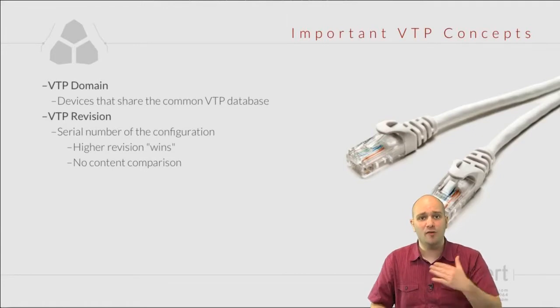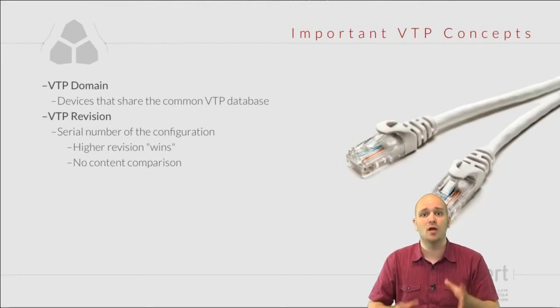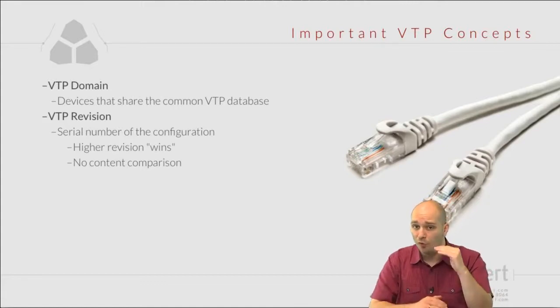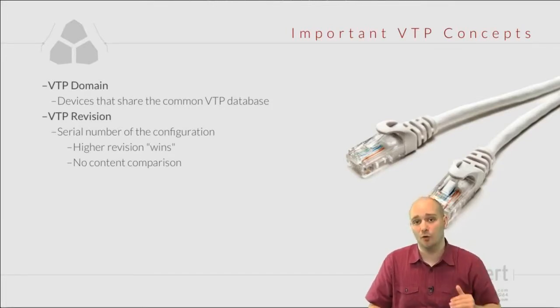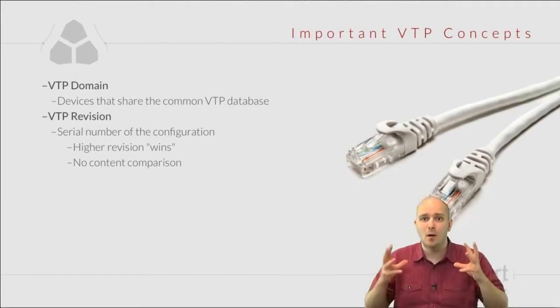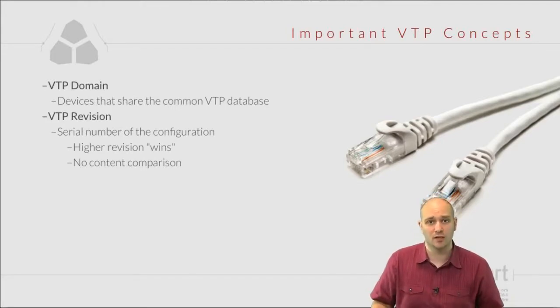That means that if our revision number was 5 and we received revision number 6, we are going to take the information from the subset advertisement, which is the list of all VLANs that exist on the switch that advertised this message, and we are going to replace our own local database with the contents of the VTP message that we received. There is not going to be a merging of VLANs, there is not going to be any advanced intelligence. We are simply going to overwrite our own database.